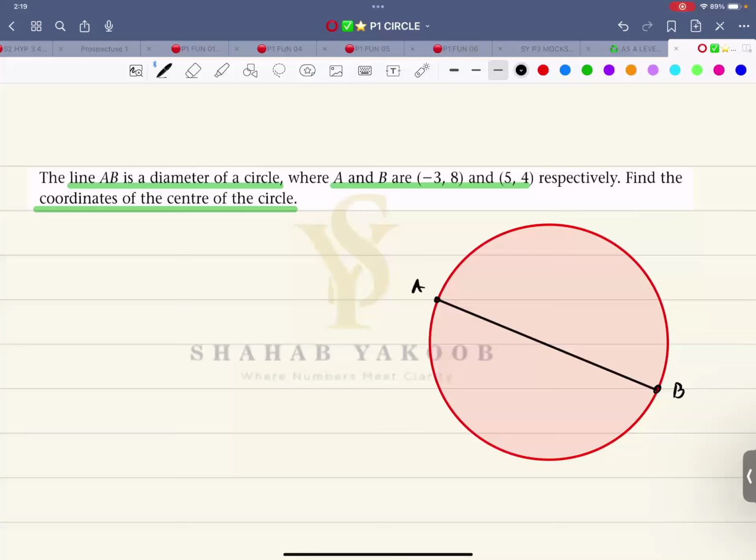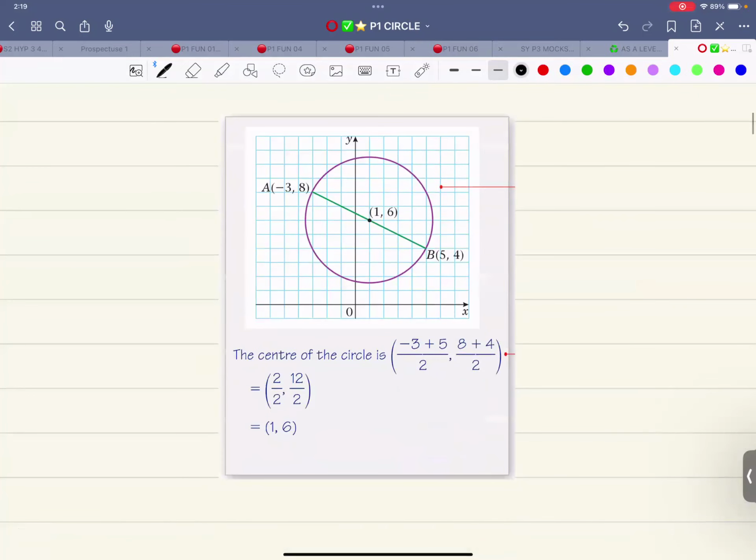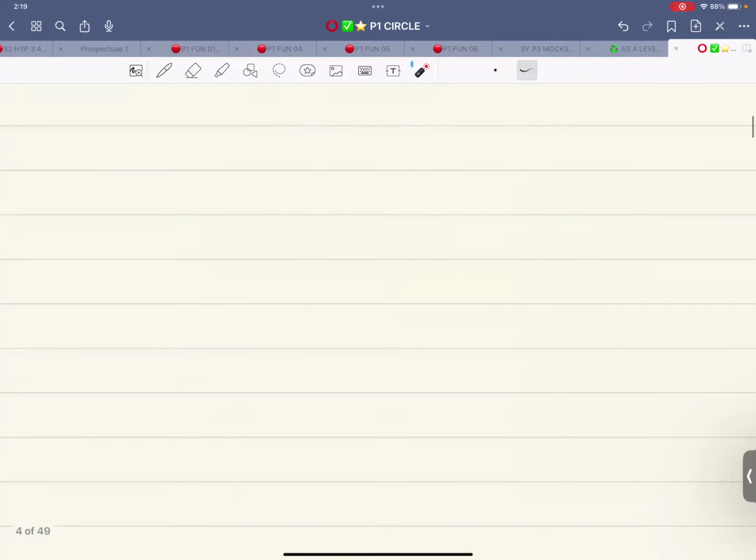We are interested in the center. So the center C is halfway between the two. So we will use the concept of midpoint. Pretty basic thing. The diagram is drawn over here. For the center of the circle, add the x coordinates, take the average, that means divide by 2 because there are 2 of them. Add the y coordinates, take the average, and that is the answer. That is the basic idea.